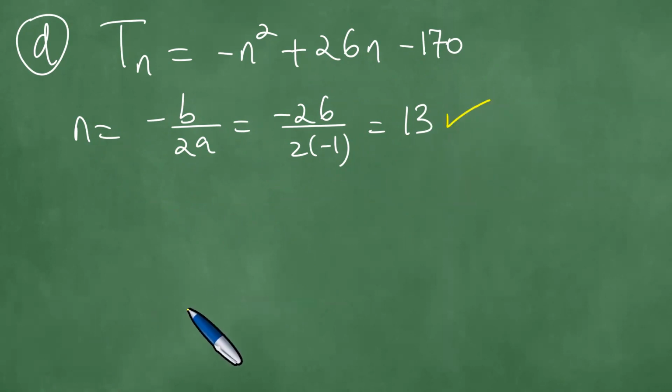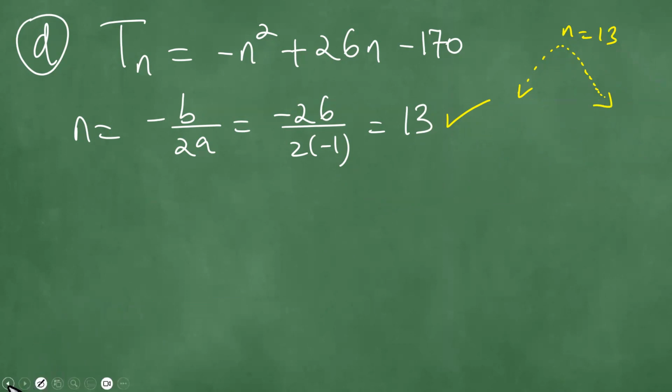So now, if it's exactly 13, we're asking the question: because of this minus here in the quadratic, you have a shape that is going to have a maximum. If the shape has a maximum vertex, the maximum is going to occur at n equals 13.